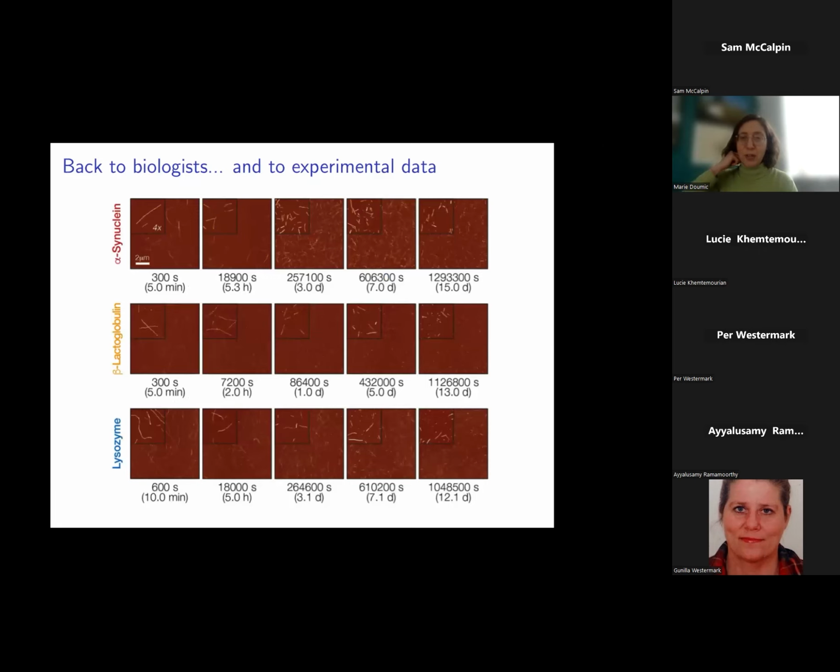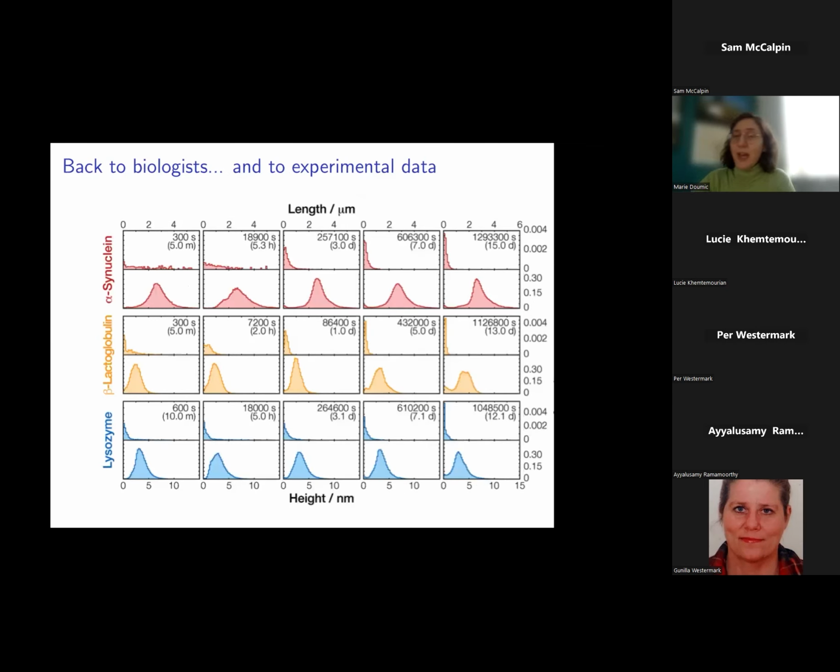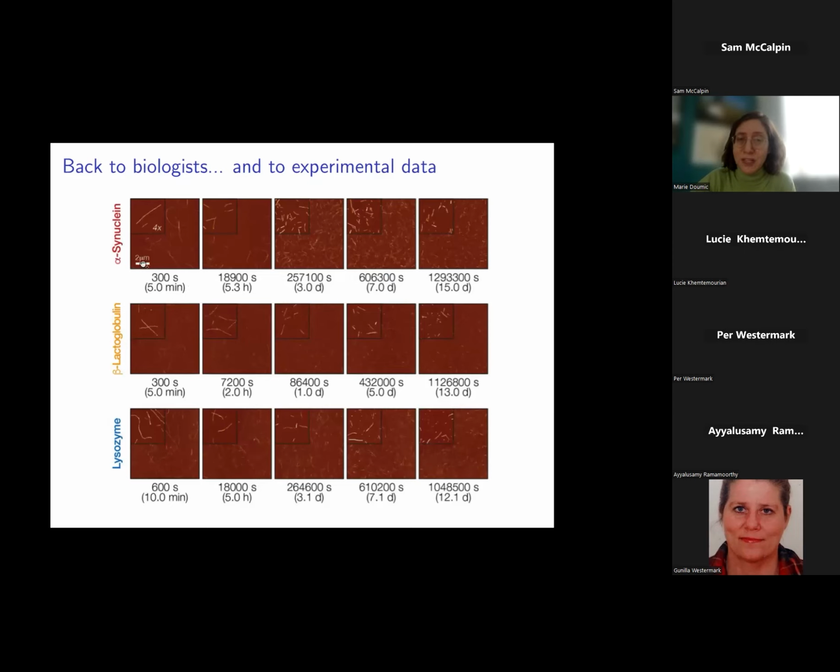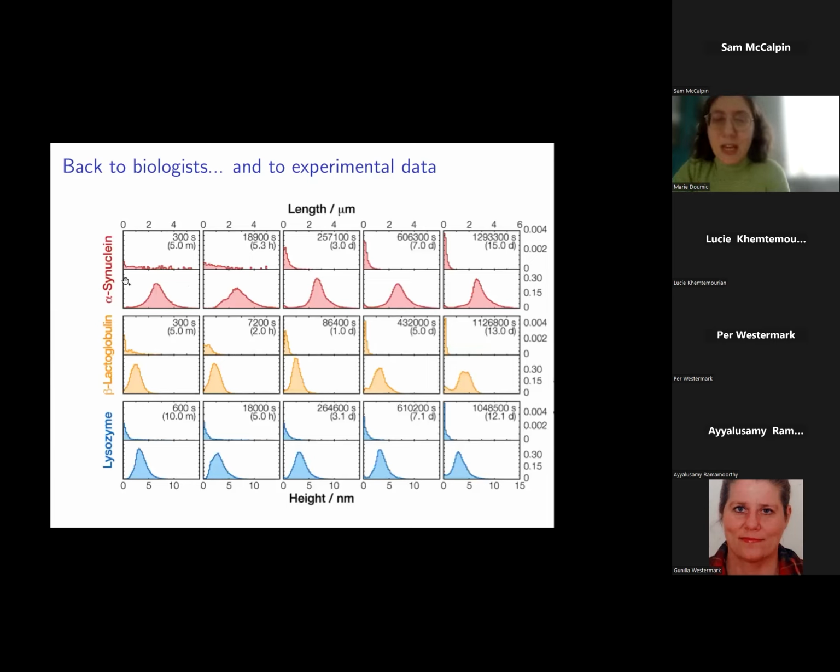Now that we have the theory, let us go back to the experimental data that I showed you at the beginning, okay? 3 different types, 4 different types even of protein polymers. So here are the kind of data we have. It is exactly the same thing. It is some snapshots, but as size distributions of polymers. So these are experimental data.